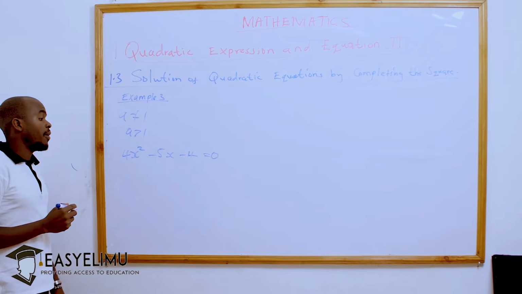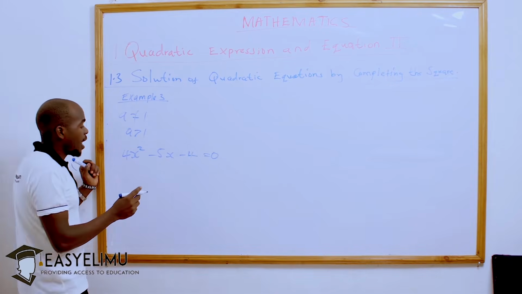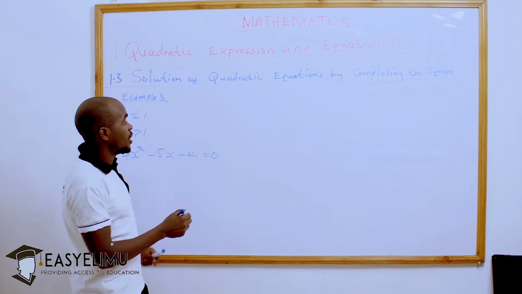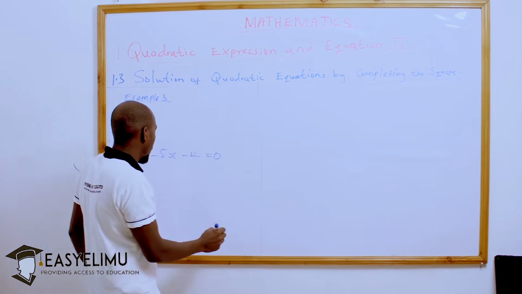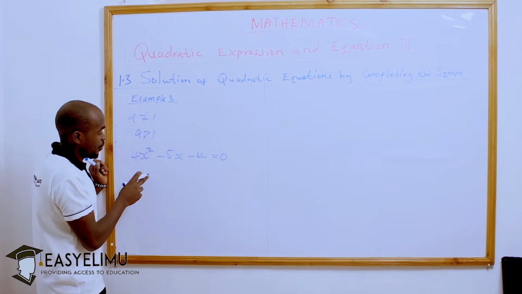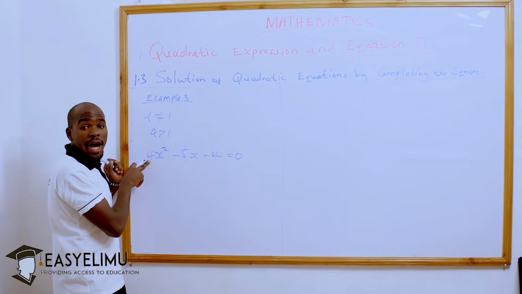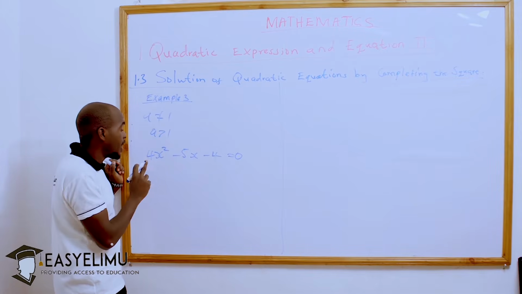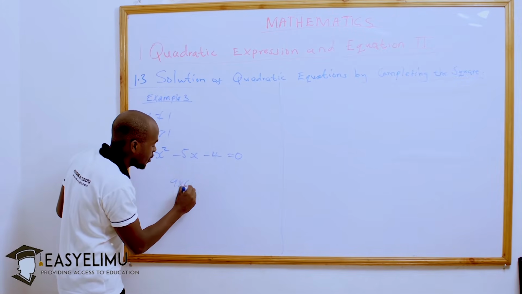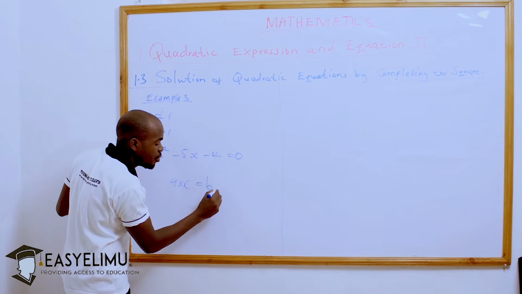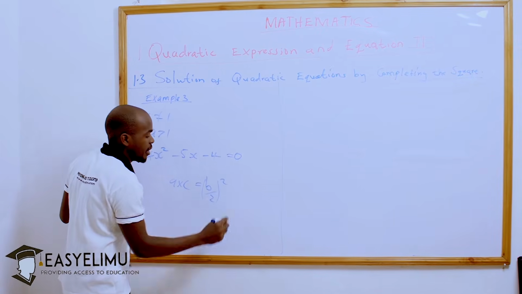For this instance, we shall do the same as we did in the previous sections. But remember, for the value of b, I said that where a is not equal to 1, meaning a is greater than 1, then we shall take a multiplied by c. It should give you b over 2 squared.